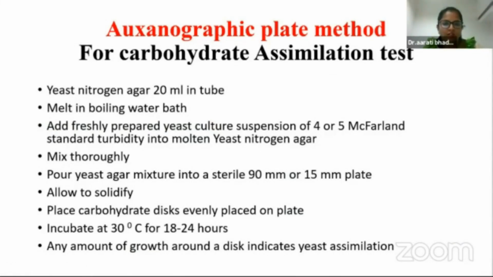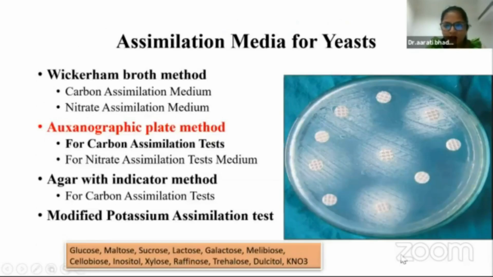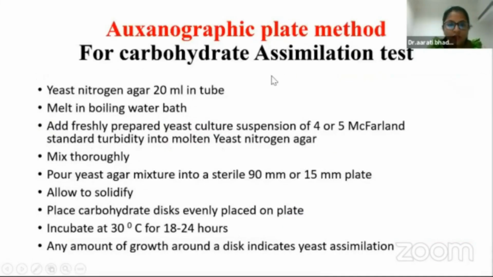In this method, what we will do is like this plate. This is the carbon assimilation test plate, and on that we will put the sugar discs. So how to prepare that plate? First, you should prepare yeast nitrogen agar base, 20 ml in a tube, which will be solidified.